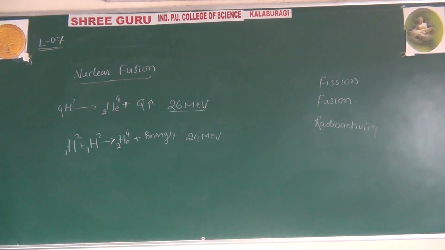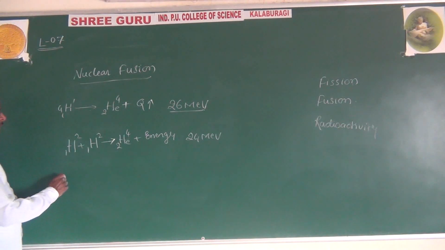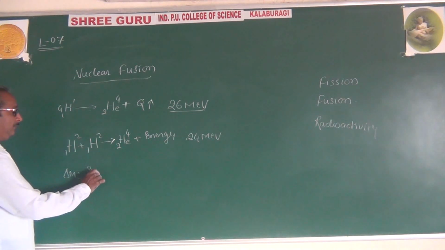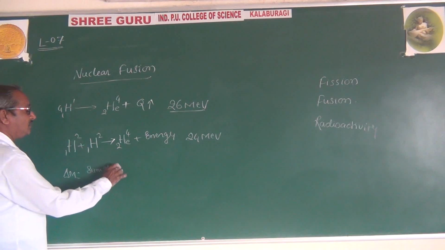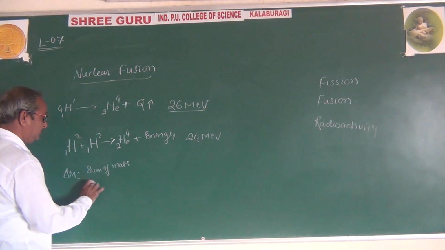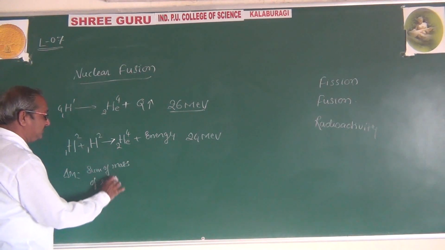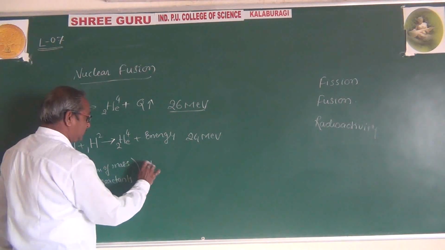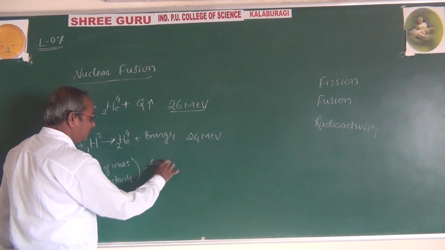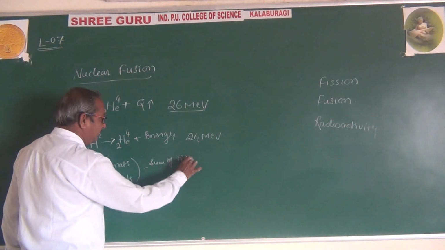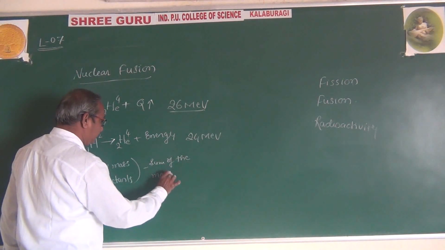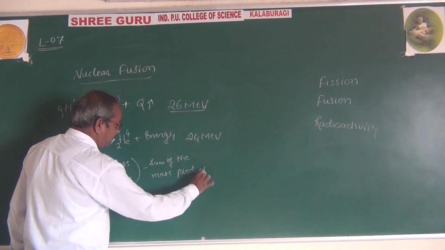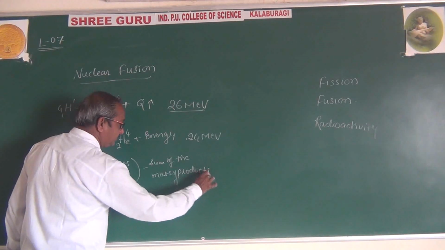Here also the energy released can be obtained from the mass defect, that is, the sum of the mass of reactants minus the sum of the mass of products.